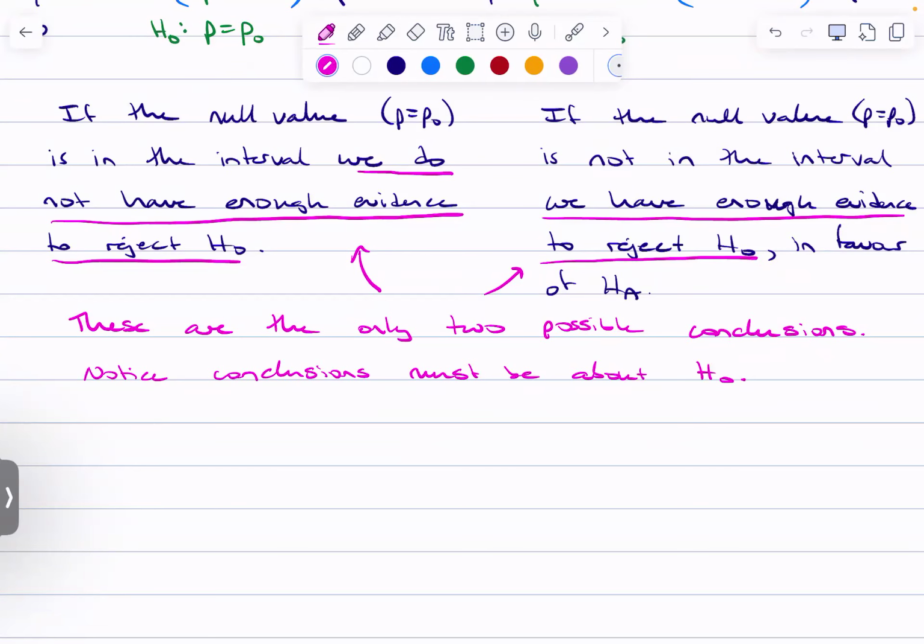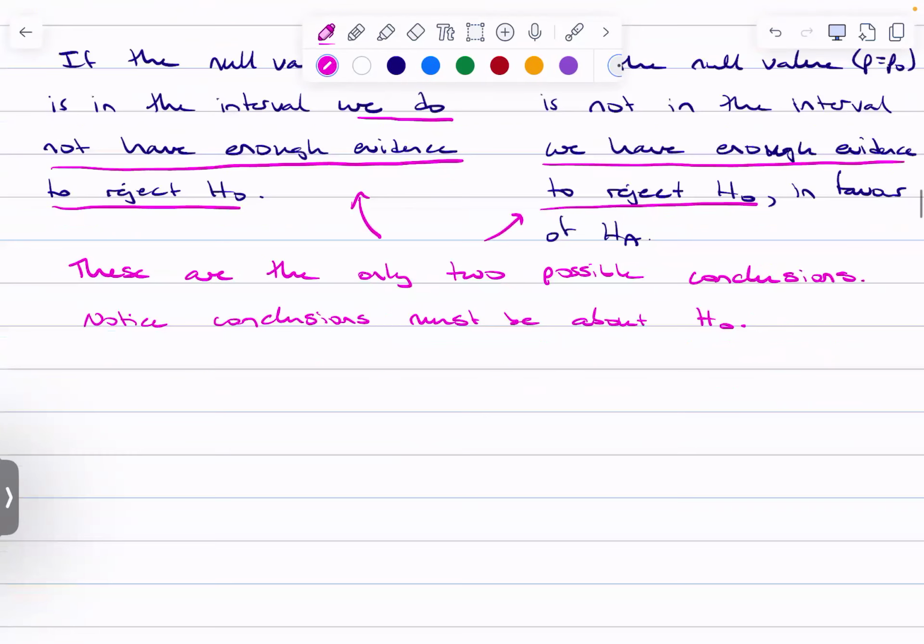That's really important. And I'll say since we do our testing assuming H naught is true.